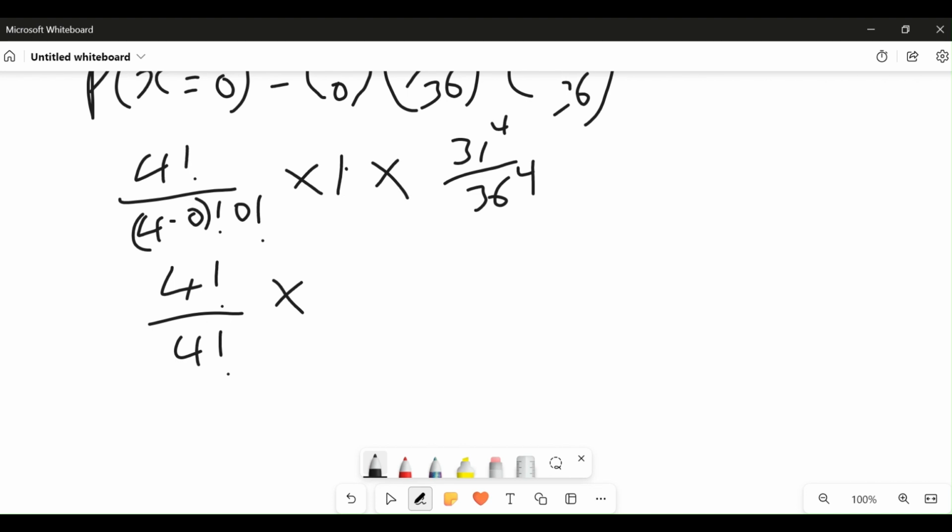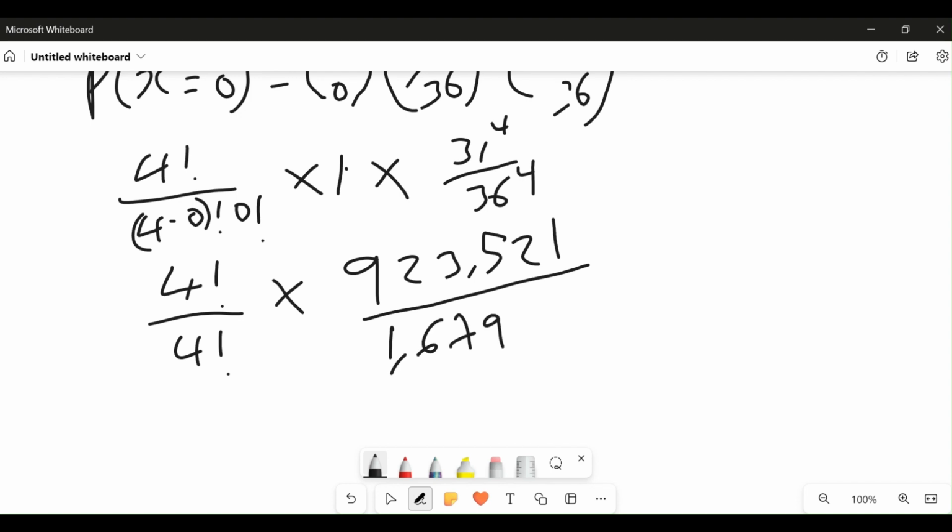That is 31 times 31 times 31 times 31, which is 923,521. Now what is 36 raised to power 4? That is 36 times 36 times 36 times 36, which is 1,679,616.